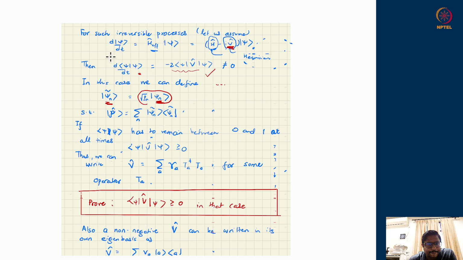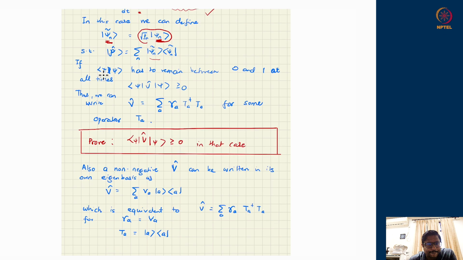Then this density matrix will just be written in terms of the ψ_n tilde outer product. However, we would want the ψ tilde inner product to remain between 0 and 1, because this will be a self inner product multiplied with root p_n, and will just multiply a number between 0 and 1. So if this is a valid definition of a probability, it can never become greater than 1.